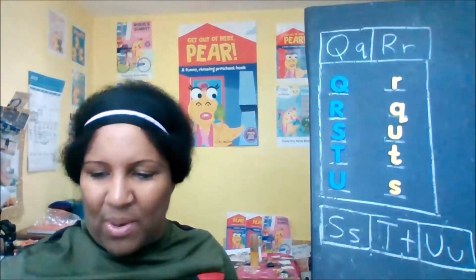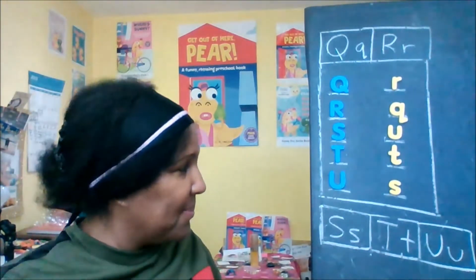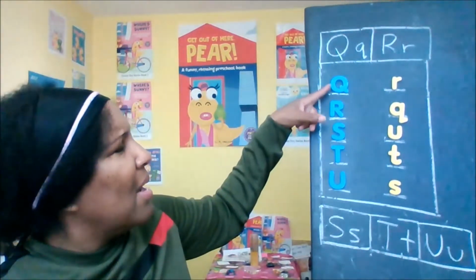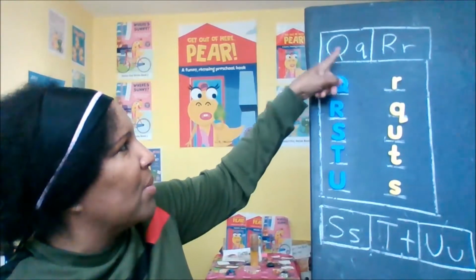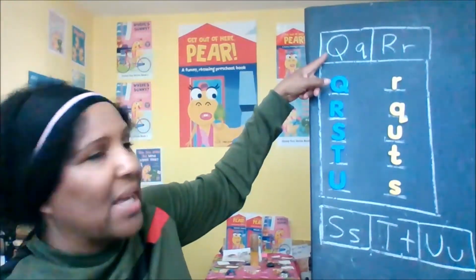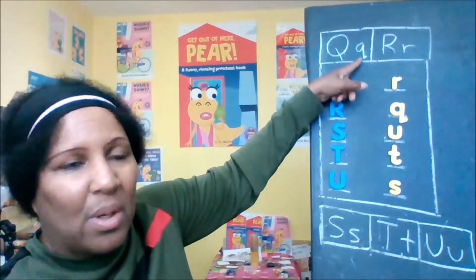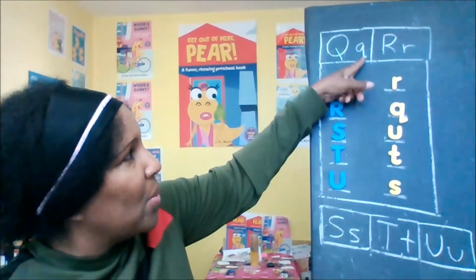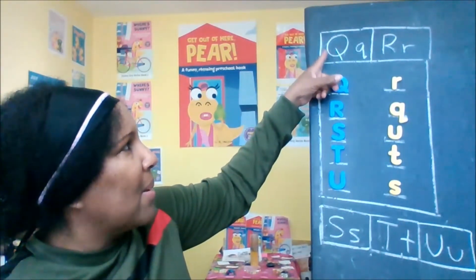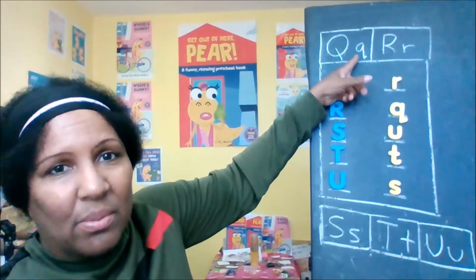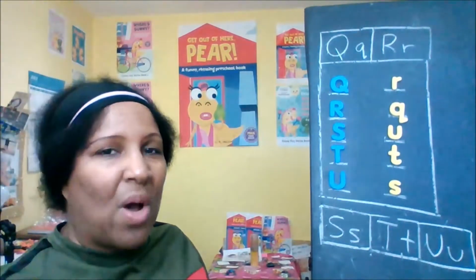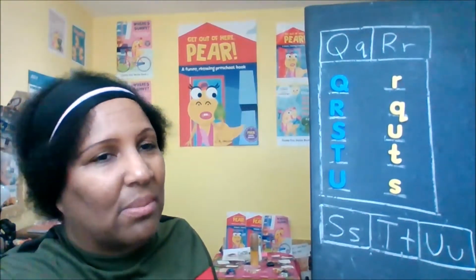All right, so now we have to get to matching. So we have Q and Q go together. This is uppercase Q and lowercase q, big Q, little q, capital Q, small q. They all mean the same thing. Just one is the bigger one, one is the smaller one.